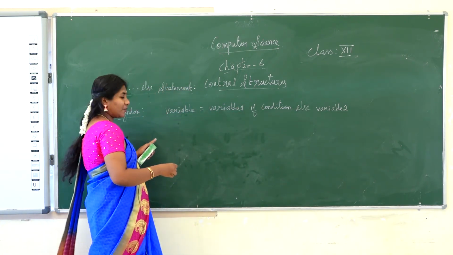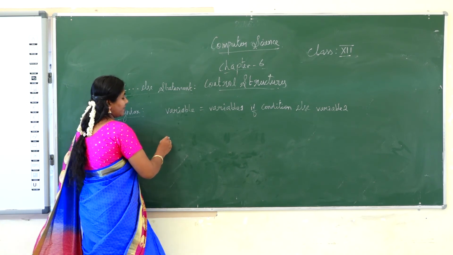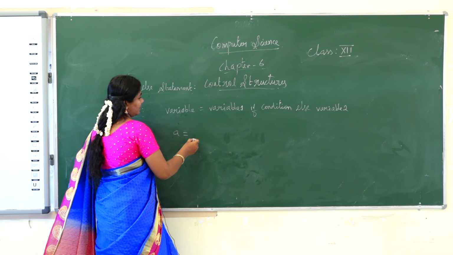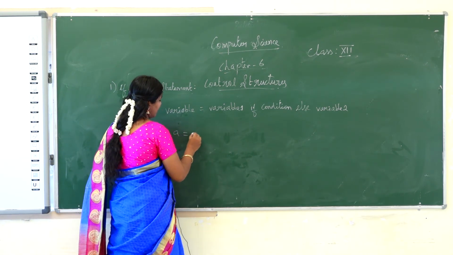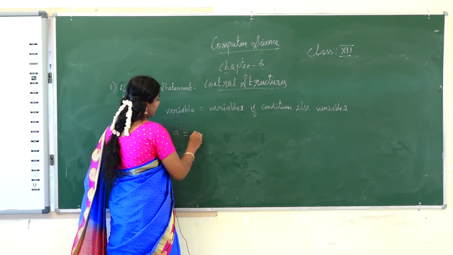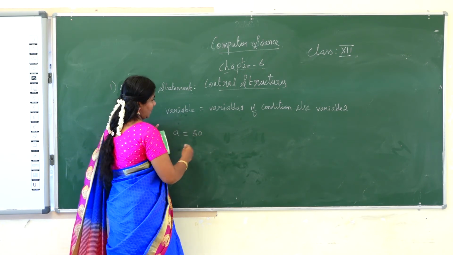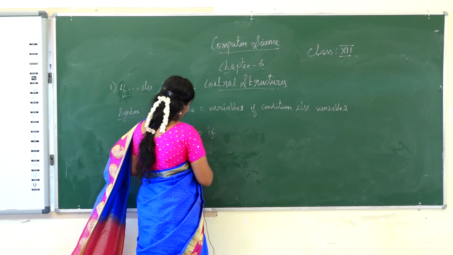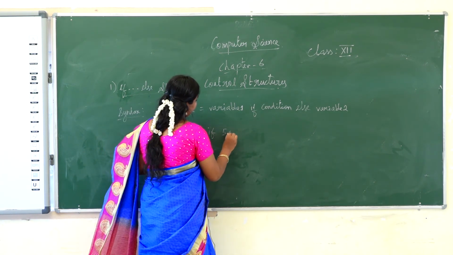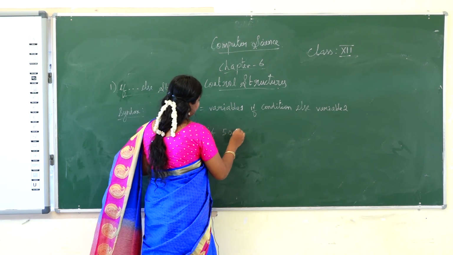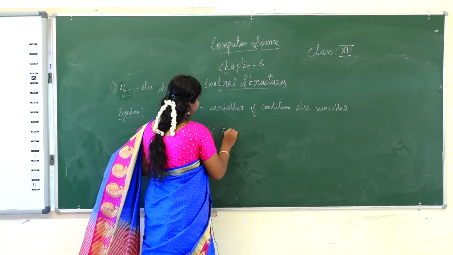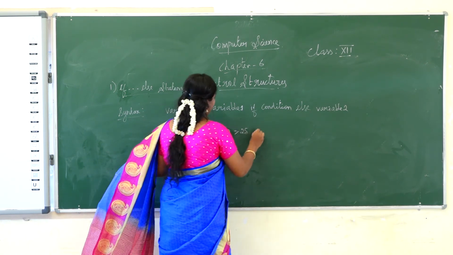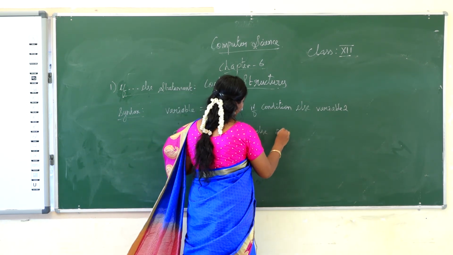So how it is possible is, suppose you consider A, anything similarly, okay, so variable 1, that is 50, if 50 greater than 25, else 25.